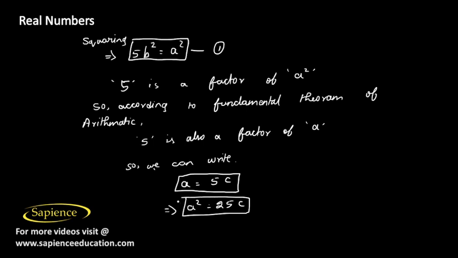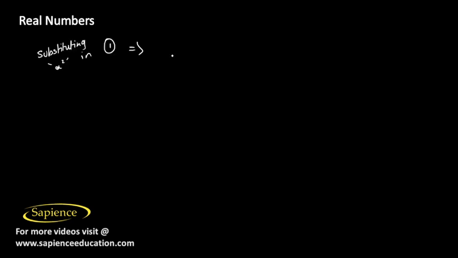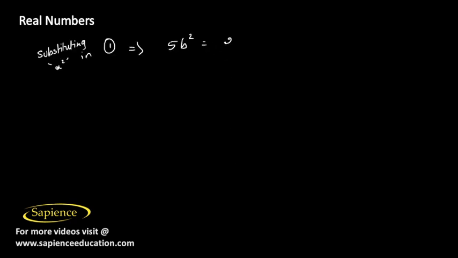Now substituting the value of A square in equation 1. Equation 1 was 5 B square is equal to A square, so 5 B square is equal to, instead of A square we will write 25 C square.